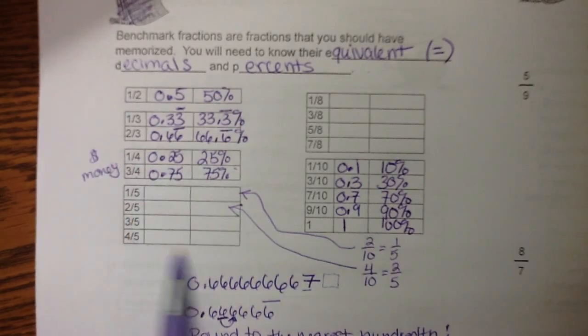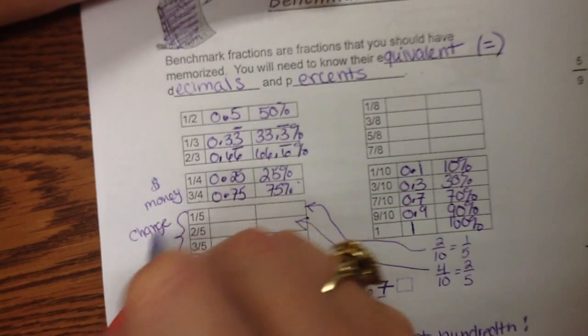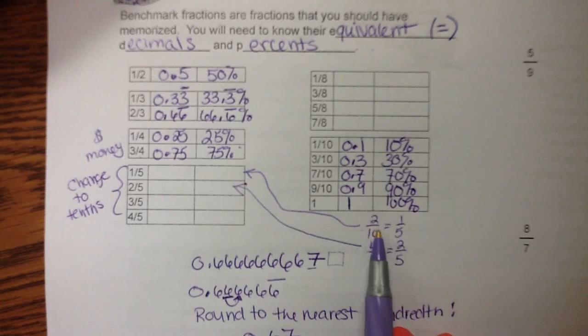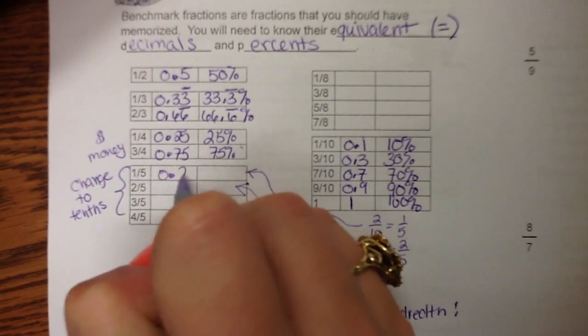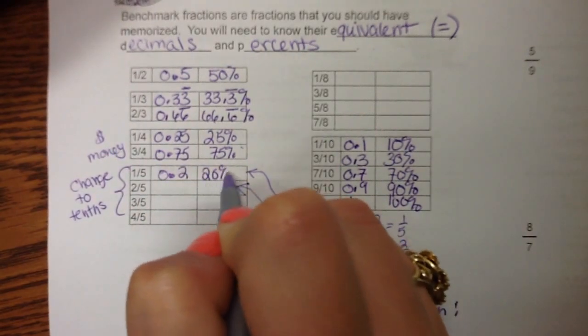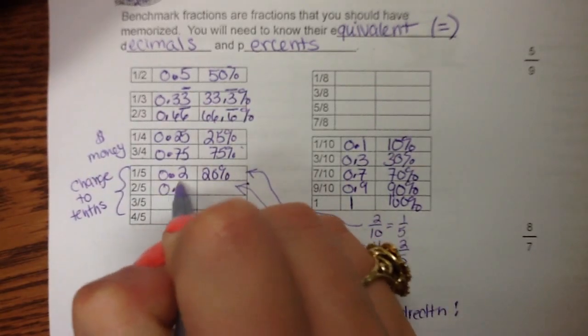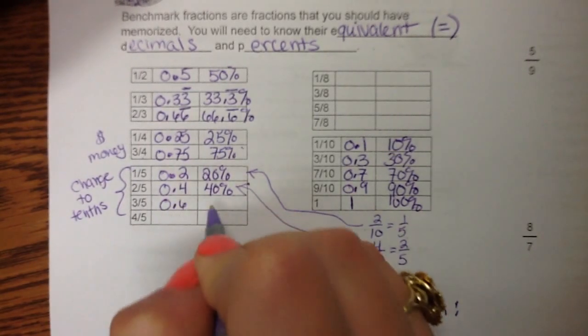Knowing what we know now about these fifths makes the decimals and the percents a little bit easier. We can think about these in terms of tenths, so we can change to tenths. For example, we knew that 2/10 simplified to 1/5, so 1/5 would just be 0.2, or 20%. 2/5 we said was the same as 4/10, so that's 0.4, or 40%. 3/5, 5 times 2 gives me 10, 3 times 2 gives me 6, so that would be 6/10, so 0.6, or 60%.